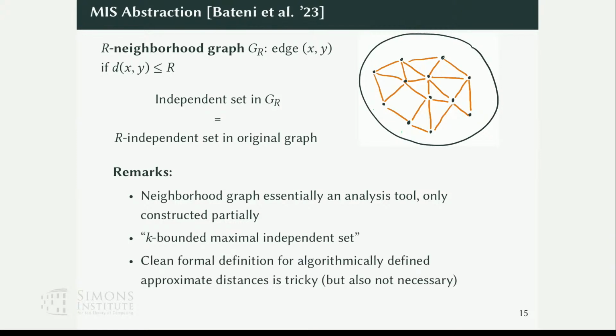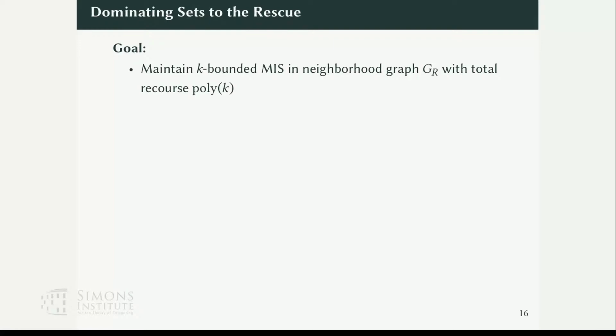For those who are into the details, it's actually not so easy. As you notice here, I'm using exact distances. You would have to do this for approximate distances. If you want to be formally clean, it's a bit tricky. But just to say it completely, it's also not necessary. It's just an analysis thing. You could directly analyze it without this neighborhood graph.